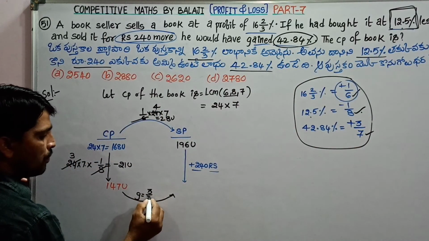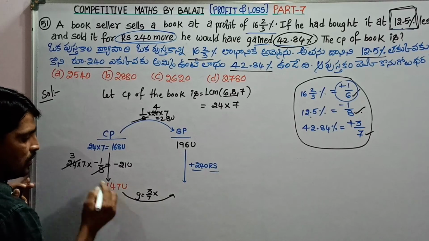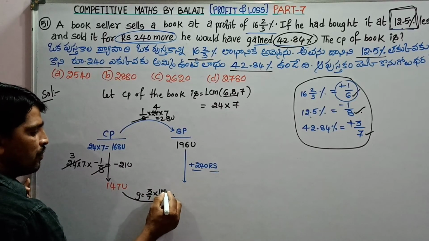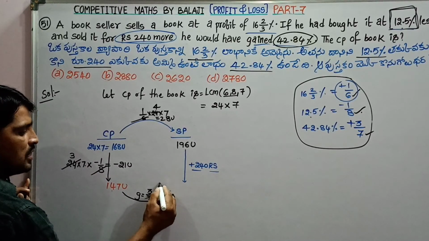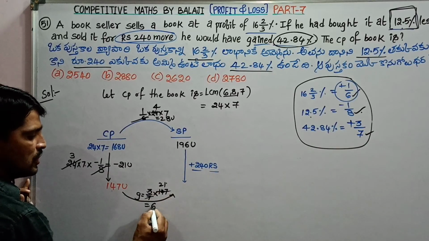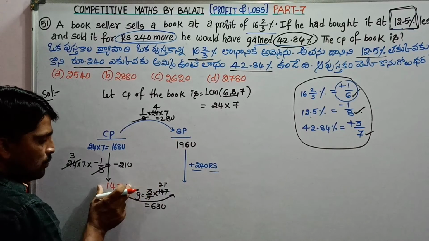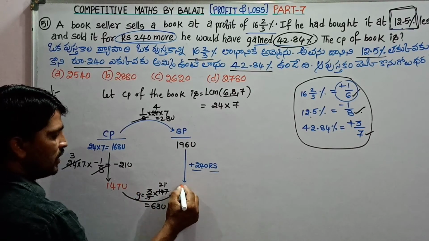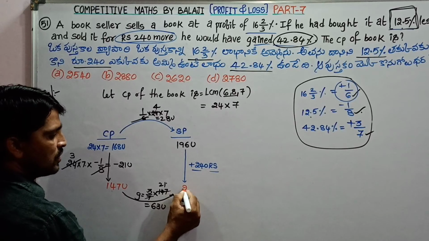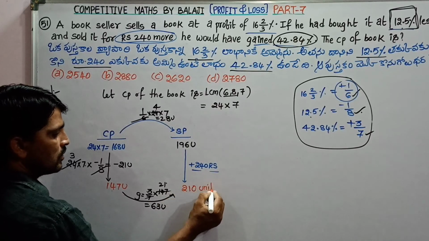And gain or loss is always calculated on CP. 3 by 7 of 147: 7 ones are 7, 7 21s are 147, 3 21s are 63 units. So gain is 63 units. Now new SP becomes CP plus gain, that is 147 plus 63, which is equal to 210 units.